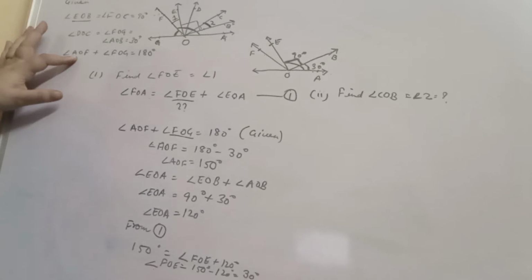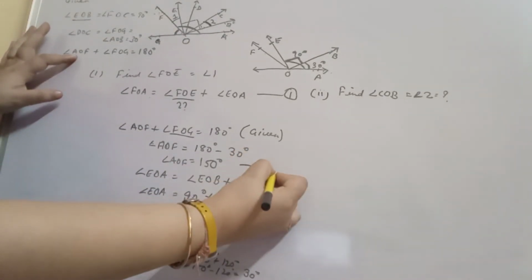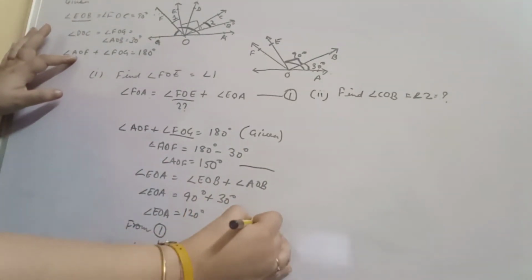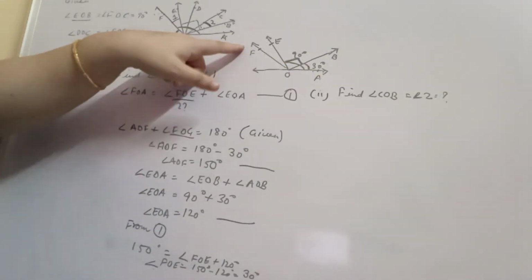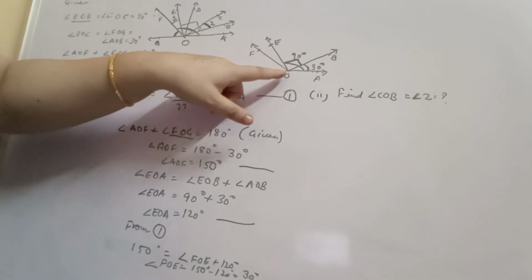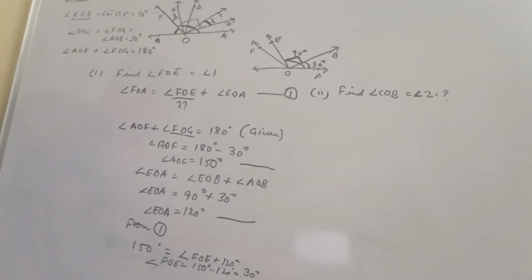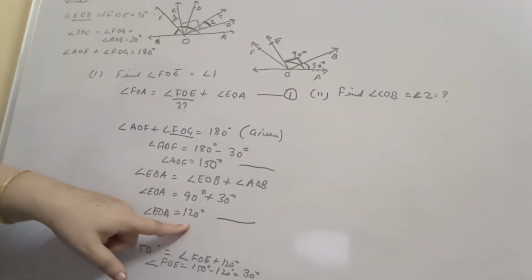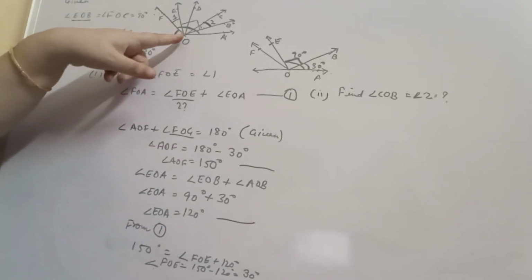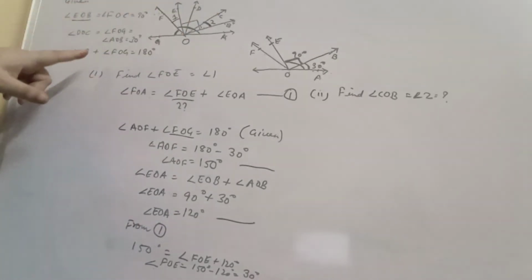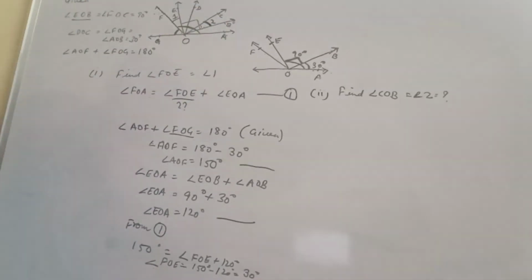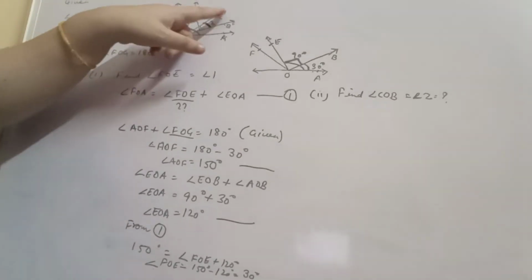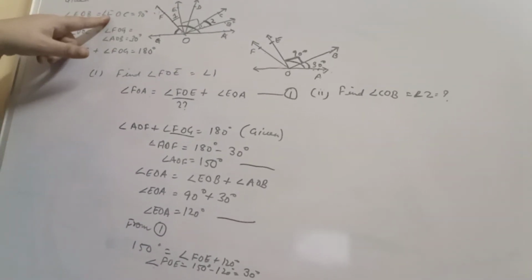Here AOF we have found, one angle I have found AOF, one angle I have found EOA. So AOF I know, EOA I know, EOA is 120 degrees, and EOC, which is EOB, is 90 degrees, FOC is also 90 degrees.